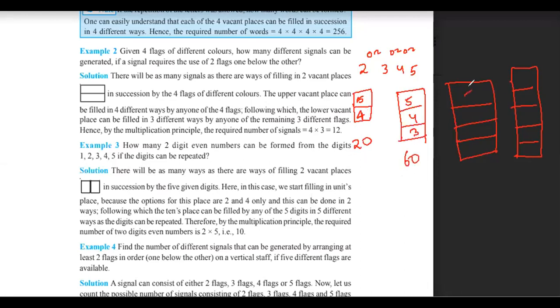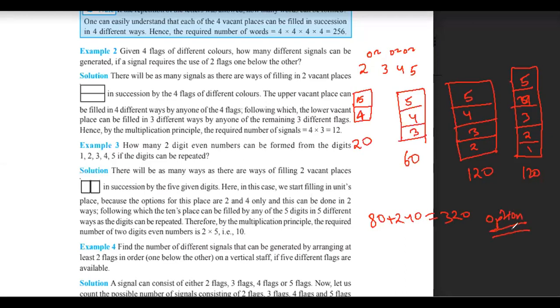Now again this one, 5, 4, 3, 2 options. Total 120 options. In this one, again 5, 4, 3, 2, 1, again 120 options. Now tell me, what is the total number of options we have? It is 20 plus 60 plus 120 plus 120, which is 320 options.